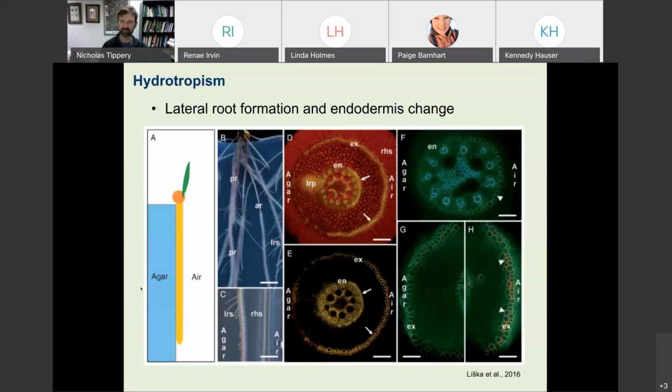So they're basically preparing to make some lateral roots over here. So the endodermis, that barrier, is breaking down to make room for this lateral root to come out. A few different images of that. So sensing underground, potentially underground directions to grow that are going to be more rewarding or less rewarding to get water from.